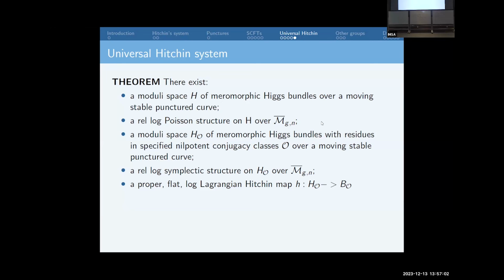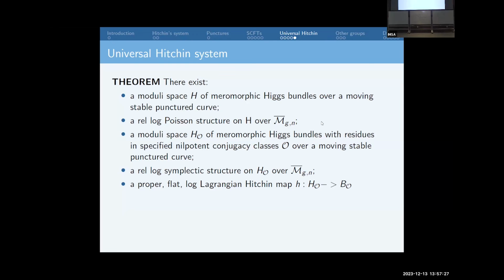Yeah, so the picture of this universal object. There are really two of them. There's the unconstrained one and the one where you constrain the residues to lie in conjugacy classes. The unconstrained one gives you a Poisson or log Poisson system. The constrained one has a Hitchin map.